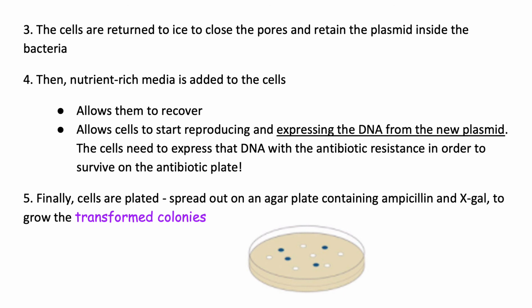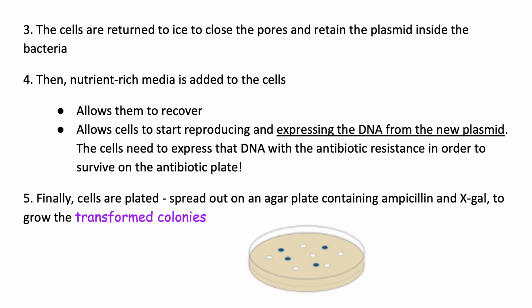And then nutrient-rich media is added to the cells. So that gives the cells a chance to recover. It allows them to start reproducing, and as they do that, they start expressing the DNA from the new plasmid. So the cells need to express that DNA because it has the antibiotic resistance.